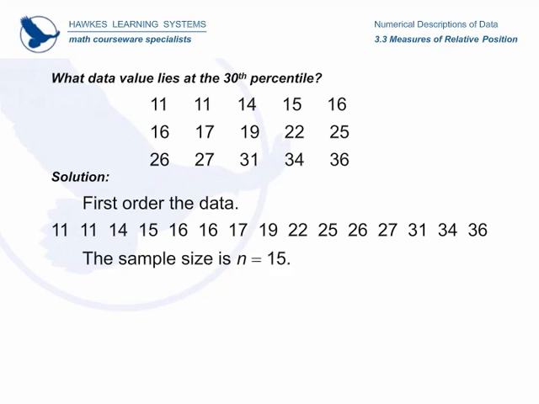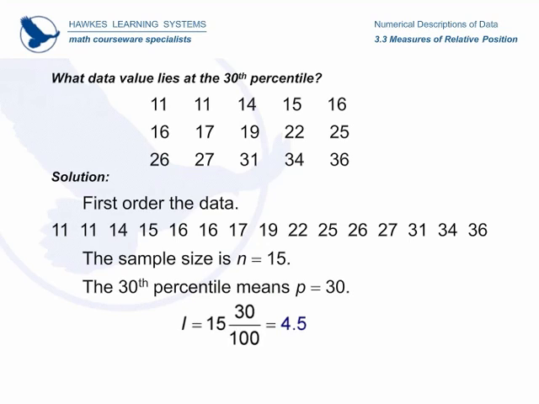Then we would find out what the sample size is. How many data values do we have there? If we count them, we see that we have 15 data values, so n equals 15. Next, we want to find the 30th percentile, and so that would mean that p equals 30.